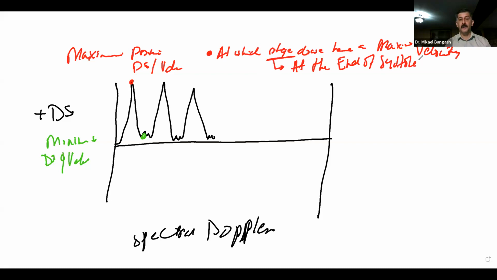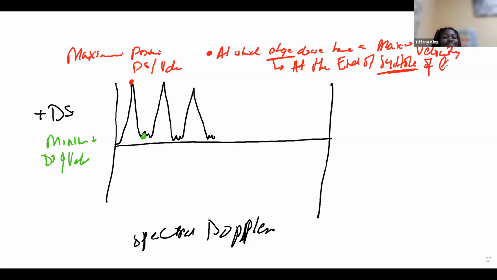What happened during systole, ladies? The heart contracts. It's going to be the heart that contracts. That's what we call systole, right?